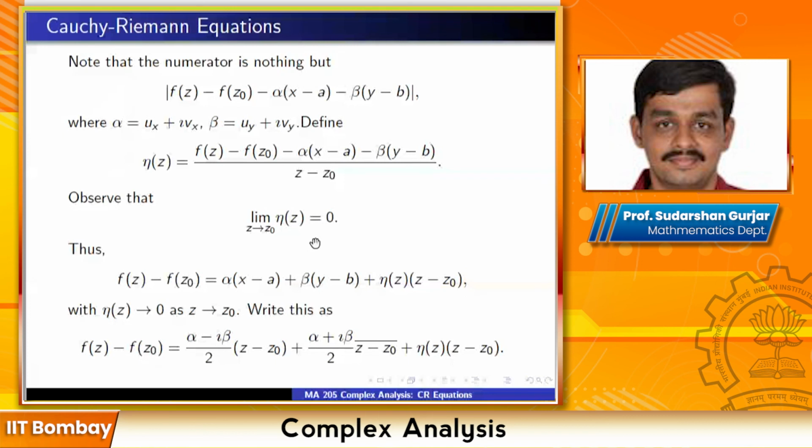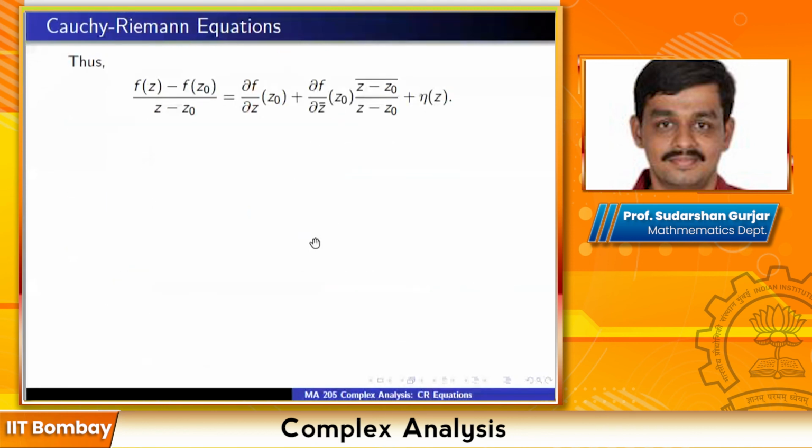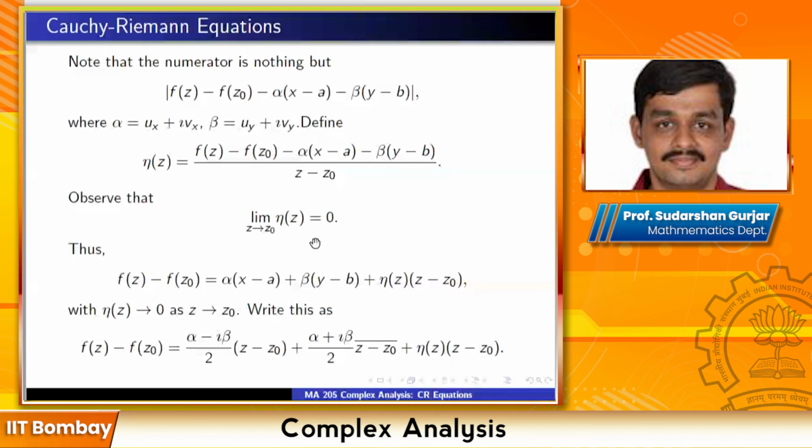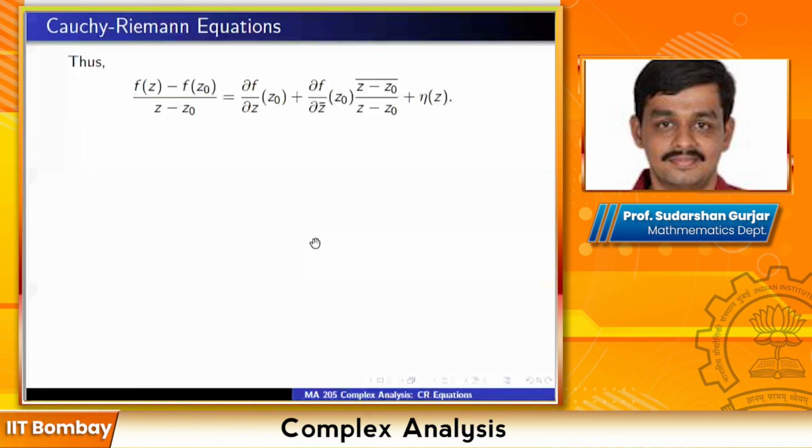So finally what you get is ux plus i vx plus ux plus i vx upon 2. That is 2 times ux plus i vx upon 2, so ux plus i vx. I said this rather hurriedly, but this is a very simple calculation. Just check that alpha minus i beta upon 2 is ux plus i vx, and ux plus i vx is what we have been calling del f by del z. The only reason I'm not writing a couple of steps here is because this is a very simple computation which you can test.